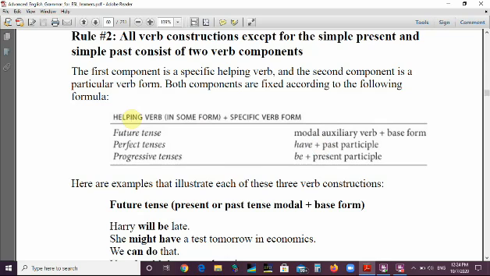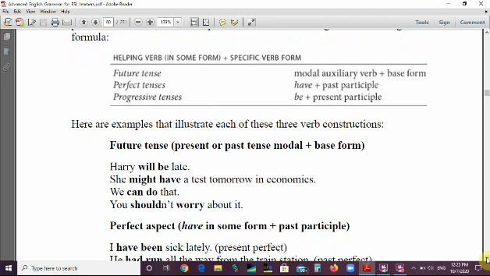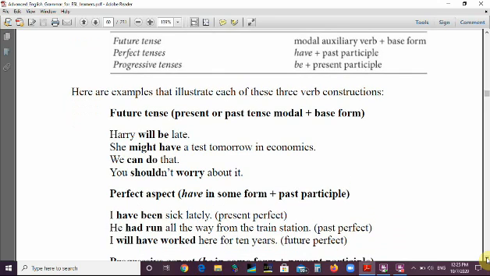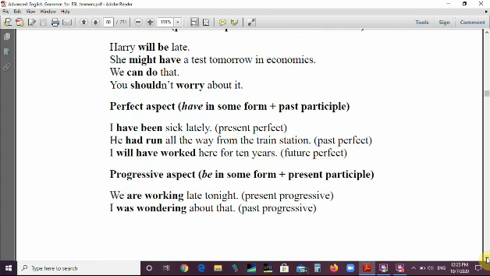Okay, so progressive tenses, we have any form of be, am, is, are in the present progressive, was, were in the past progressive, and so on, plus the present participle, verb plus ing, as you know. Here are some examples that illustrate each of these three verb constructions. Future: will be, might have, can do, shouldn't worry. Again, we have a modal verb, either present or past form, plus the base form.